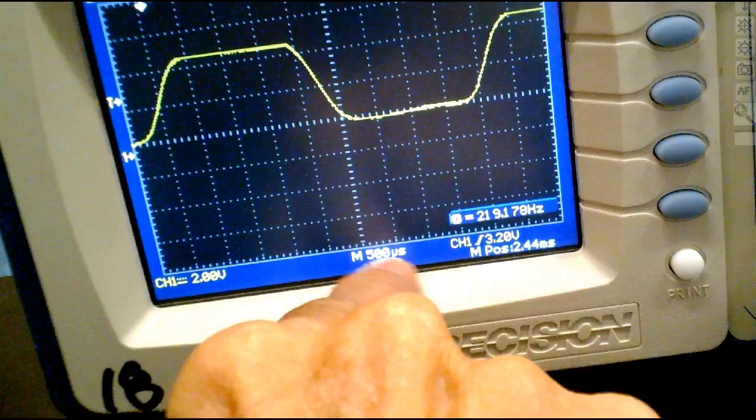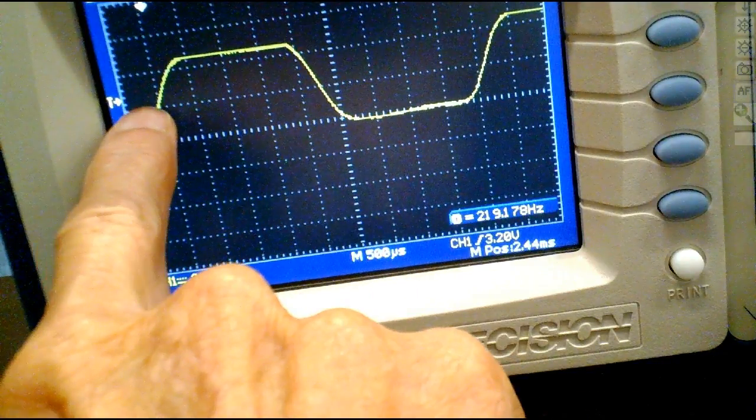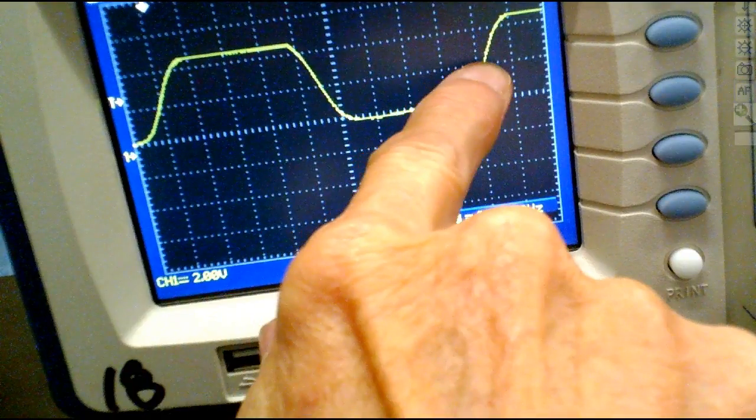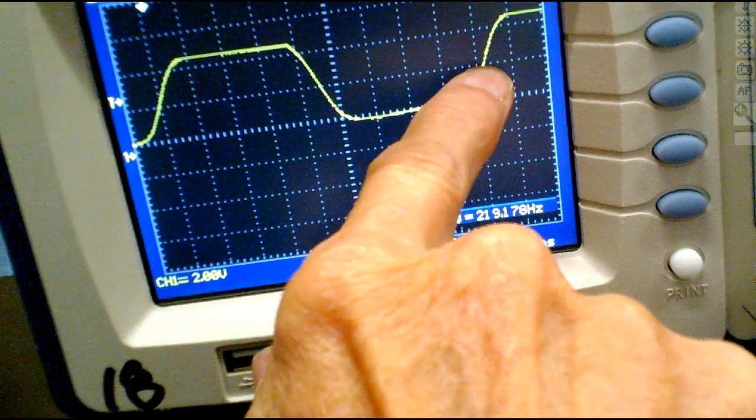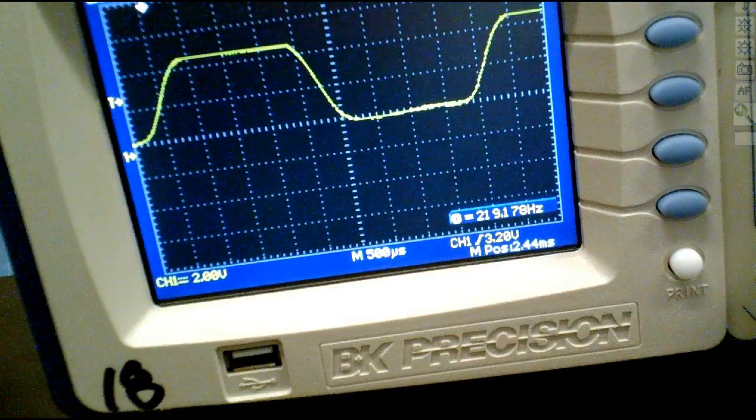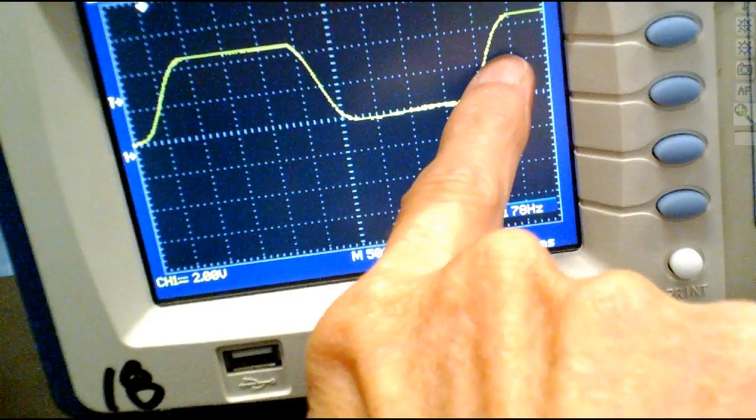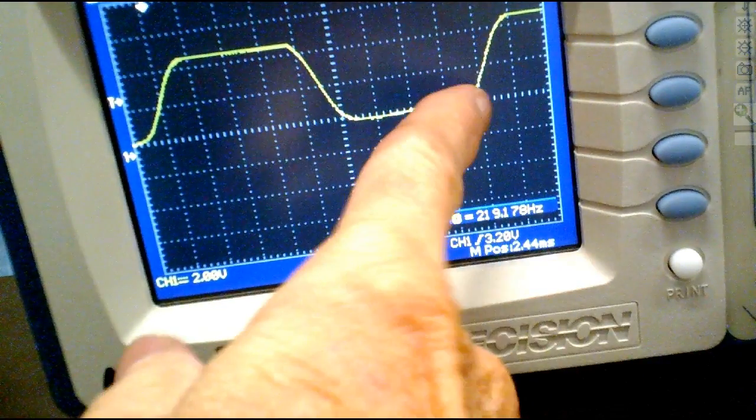We still have it on 500 microseconds per division, but now we stretch it out this far. So how many do we have? By the way, each one of these would be a 0.2. You see what I'm talking about?